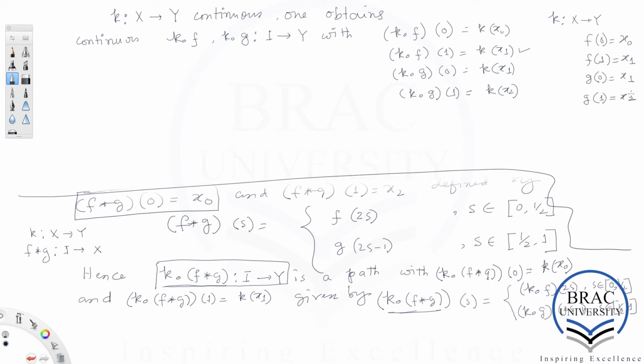So that this is the same as this one, so that this makes sense, right? K composed with F star K composed with G. Why?